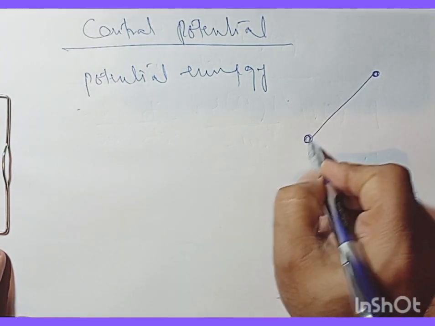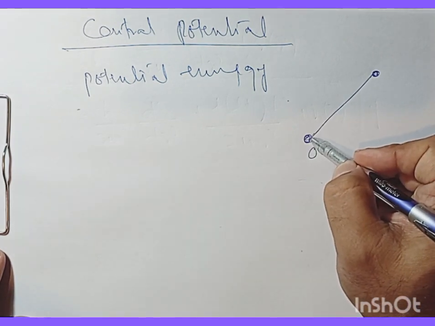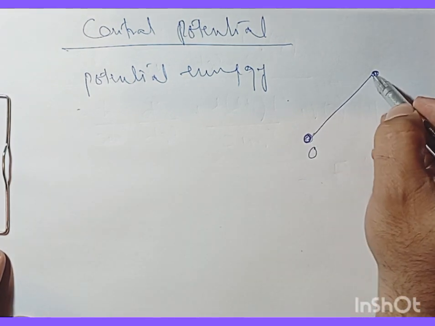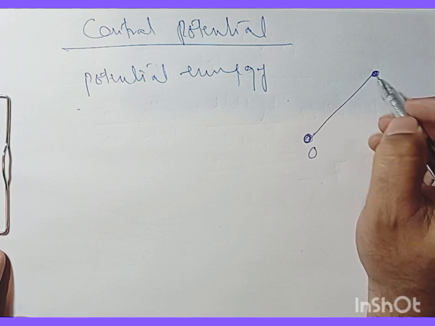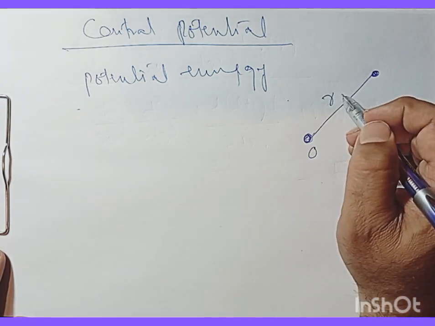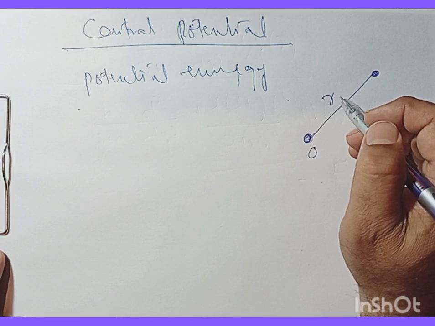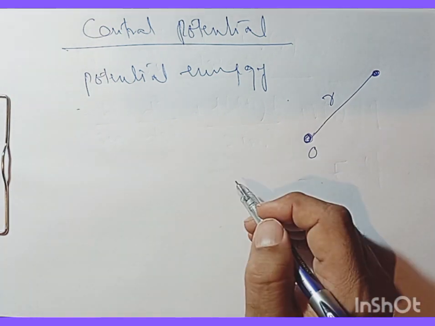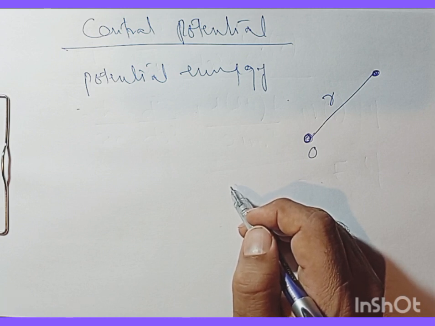Suppose I choose an origin, say this is my origin. Now, the potential energy between this origin and another charged particle, if it depends only on the distance from the origin, say r, this potential is called central potential. And we can use spherical coordinates to parameterize three-dimensional space.